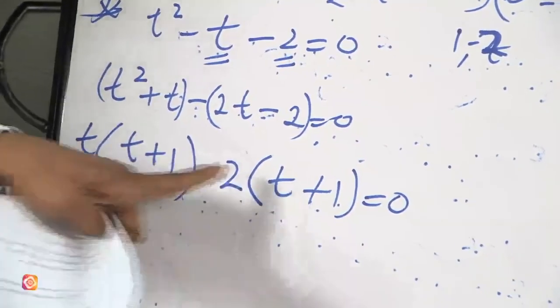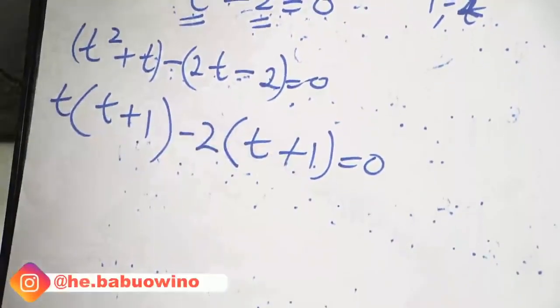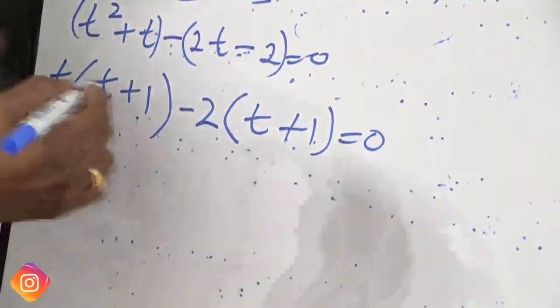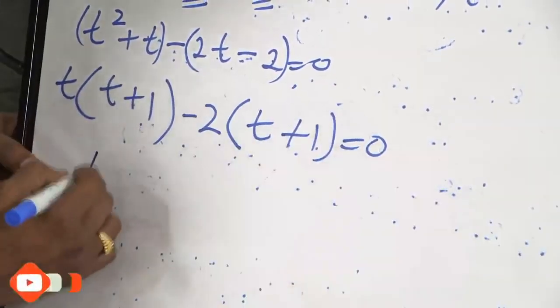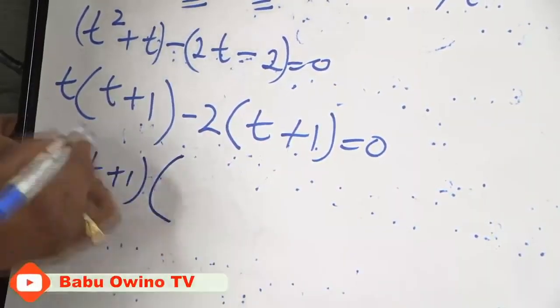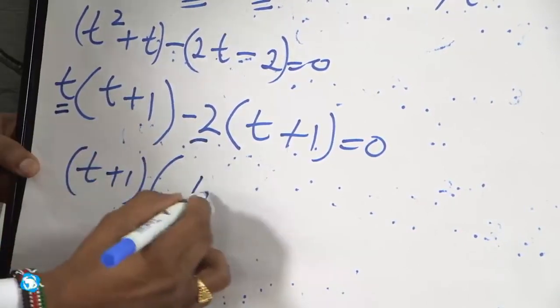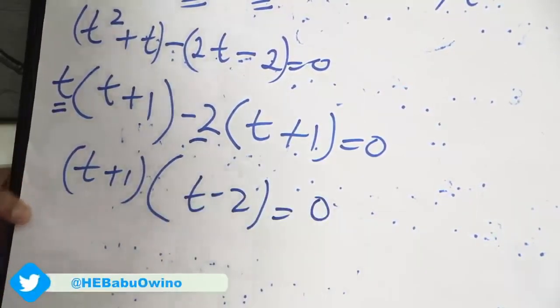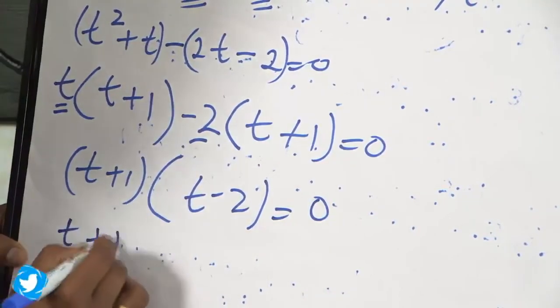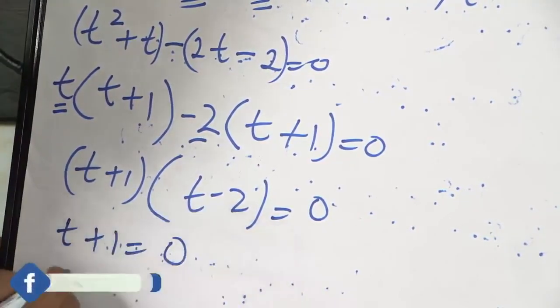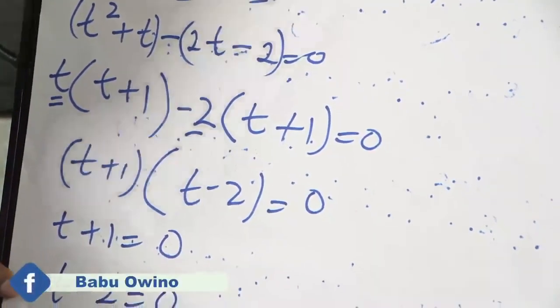In our bracket, you can see clearly we have a common factor of t plus 1. So we collect the common factor of t plus 1, and then you pick t minus 2, and you equate to 0. So t plus 1 equals 0, and t minus 2 equals 0.